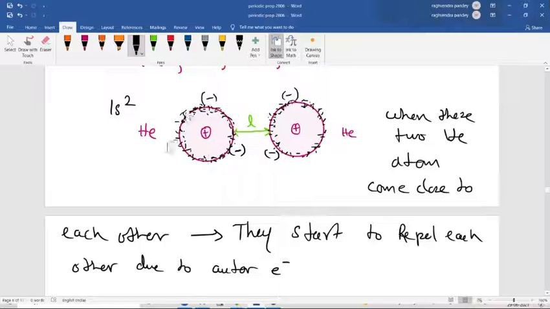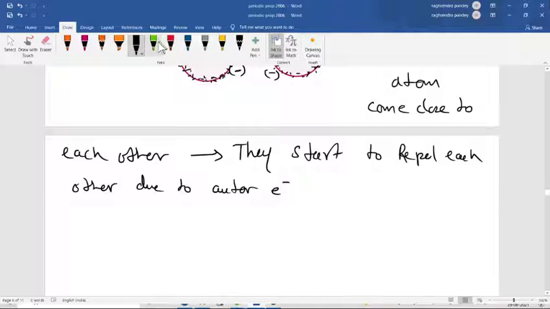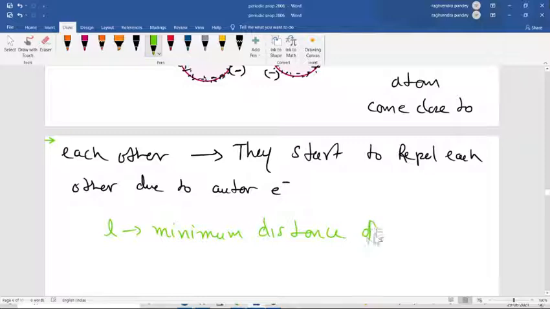Outer electron means 1s, since it is only 1s. So outer electron repulsion prevents helium atoms from coming very close to each other. So L is the minimum distance of approach.